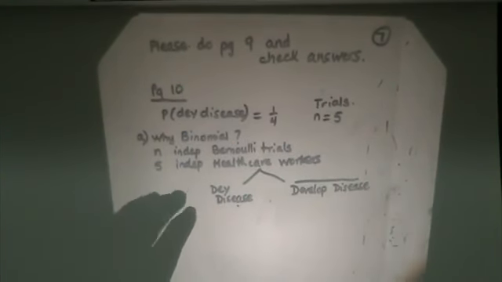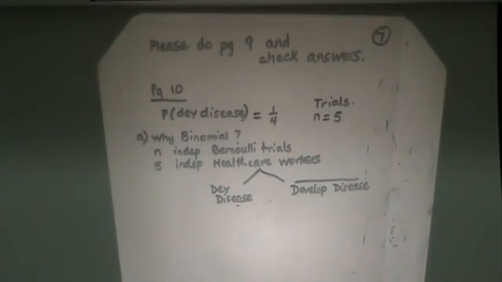So I have 5 independent Bernoulli trials where every person either develops the disease or doesn't, and I have 5 of these people. So it would make sense that this is a binomial experiment, right? A binomial experiment is defined to be an experiment with n independent Bernoulli trials. Bernoulli meaning success or failure on each trial. Get it, right? So it's appropriate.